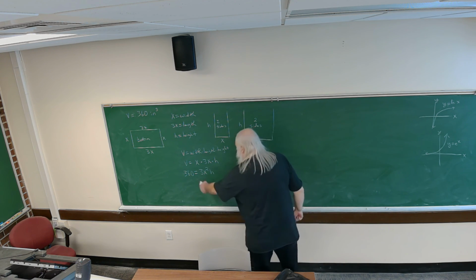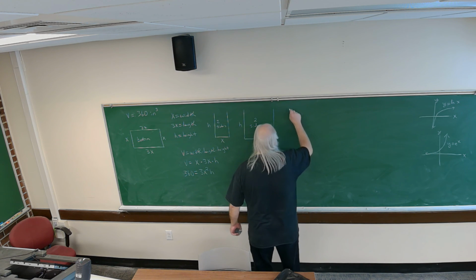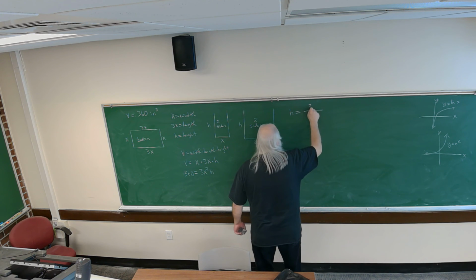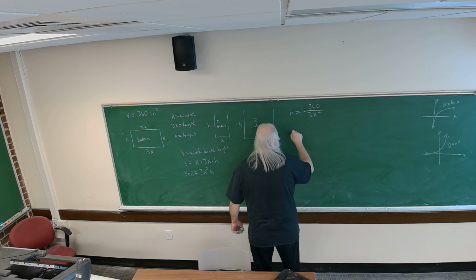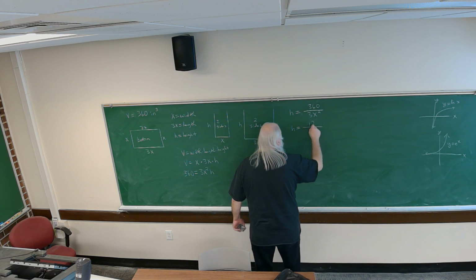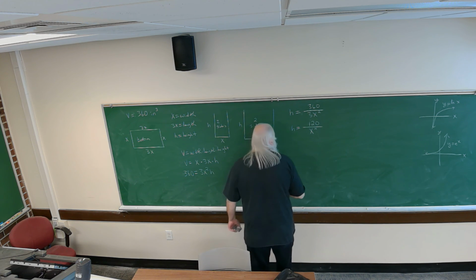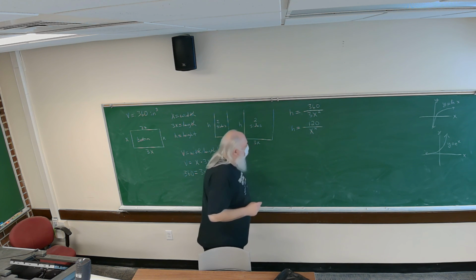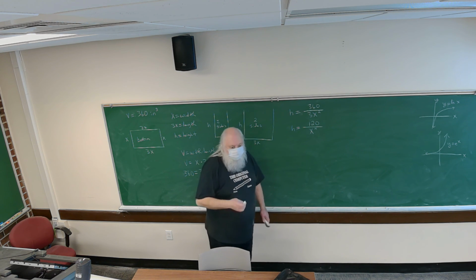We divide both sides by 3x squared. We have the height h is equal to 360 divided by 3x squared. 3 goes into 360 120 times, and so the height is equal to 120 divided by the width squared.